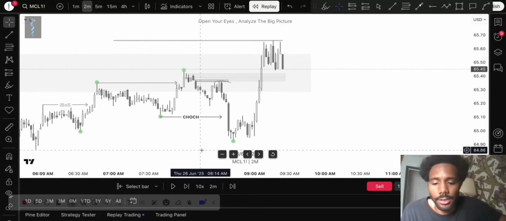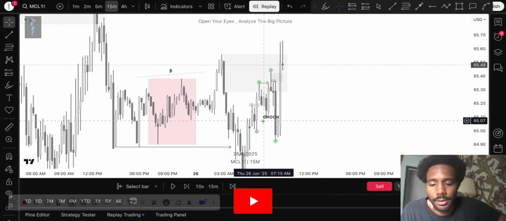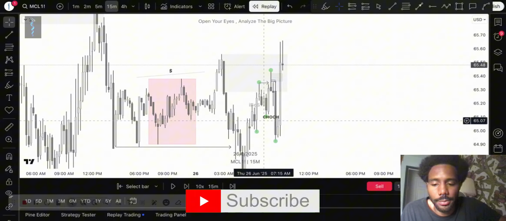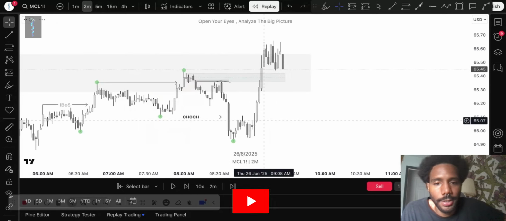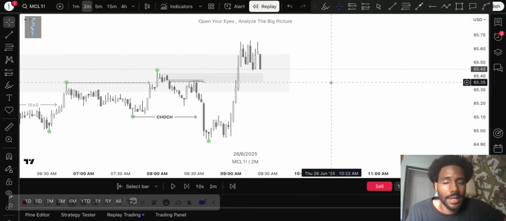Now we got another body close outside of this failed supply level, and still nothing yet on the 15. So I would honestly be patient until I see that, because that is the key to this model. You have to see a closure outside of that area of interest that failed.